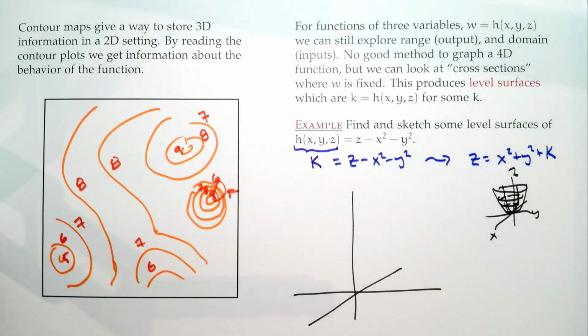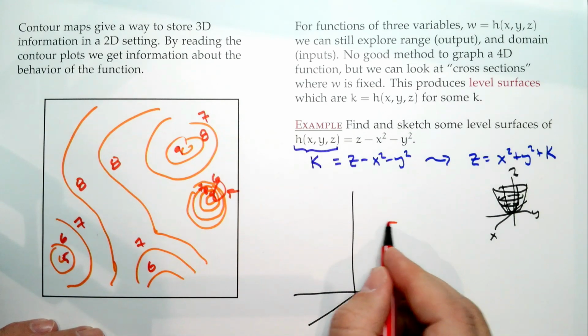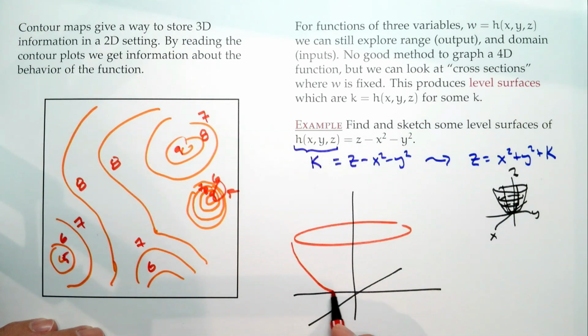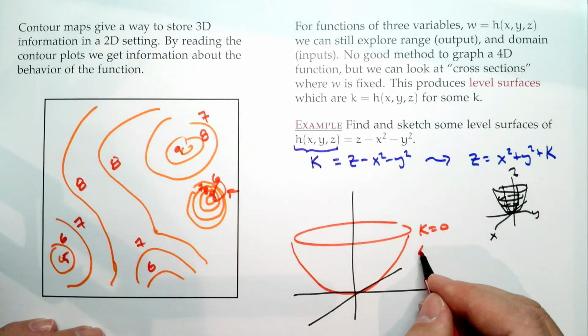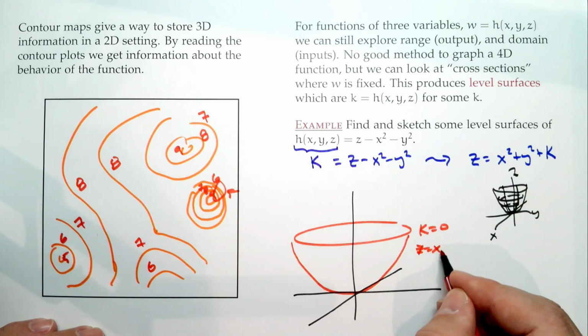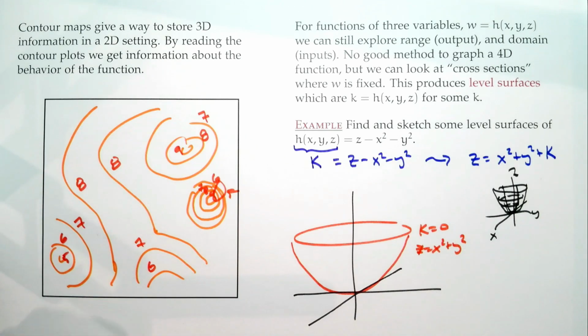So I have this bowl, z equals x squared plus y squared. If I set k equals 0, then that's just the straightforward bowl. What if I set k equal 1?